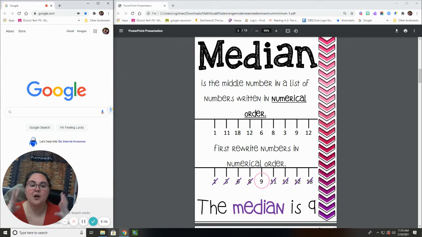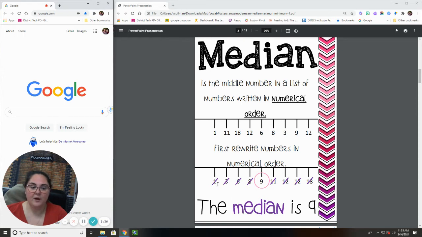So what you do is you take all of your data, all of your numbers, and you write them in numerical order. On our page, you see that they started with the numbers 1, 11, 18, 12, 6, 8, 3, 9, and 12. Notice that 12 is on there twice up here, and it's down here twice. You're supposed to do that. Then, after it's all in order, you mark out 1 from each side until you find the very center number.